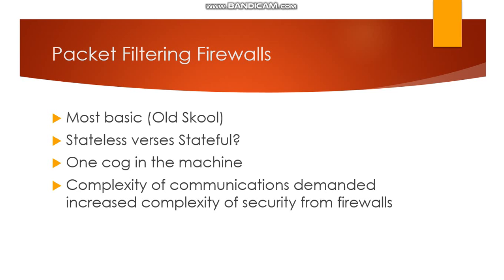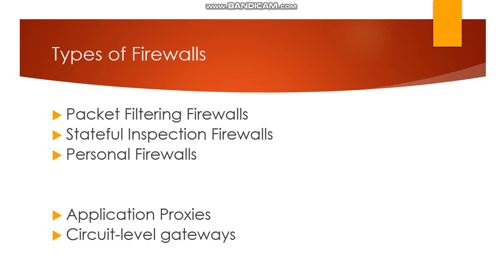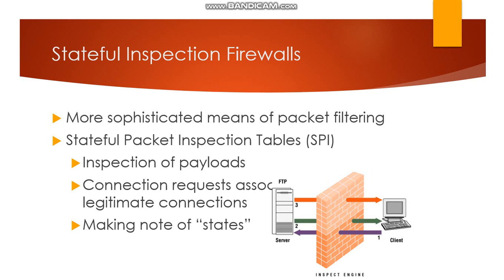Complexity of communication demanded increased complexity of security from firewalls. So this one is stateful inspection. It's the most sophisticated means of packet filtering, also called SPI. It's inspection of payloads, connection requests, and making note of state.